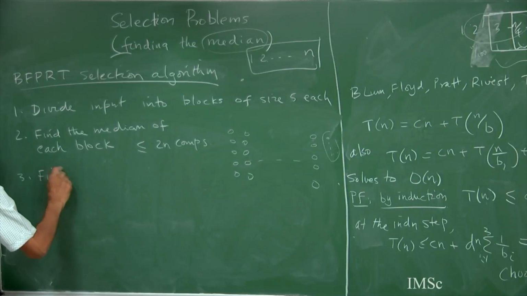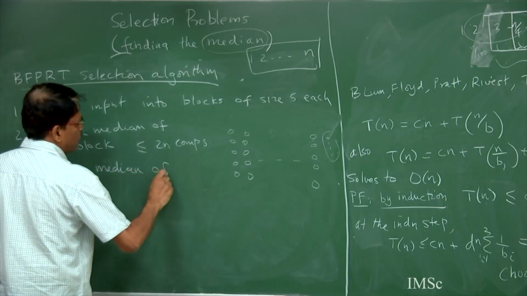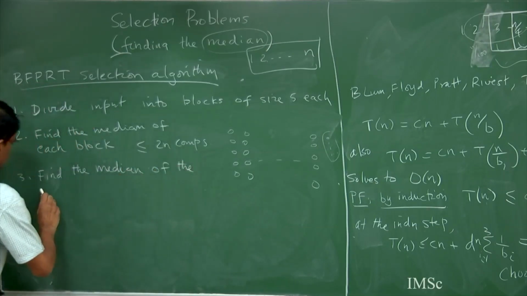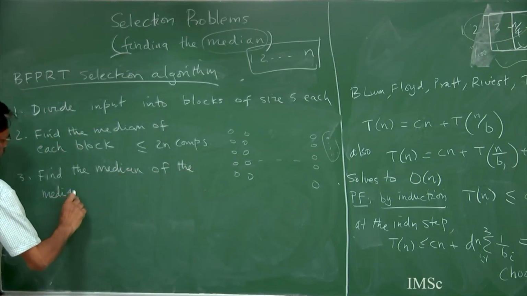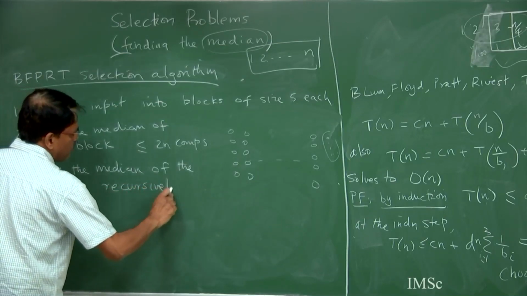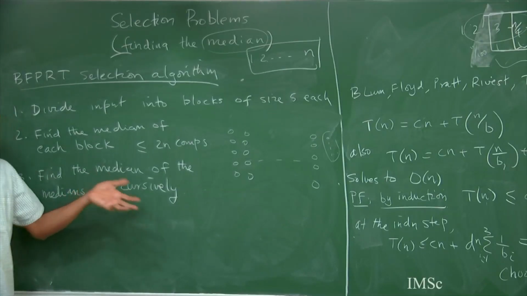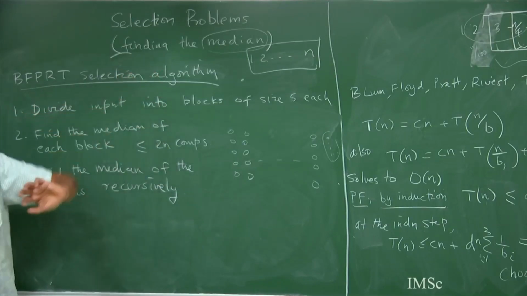Find the median of the medians. How? Recursively. Okay. And this is my pivot, the random pivot whatever I've got.